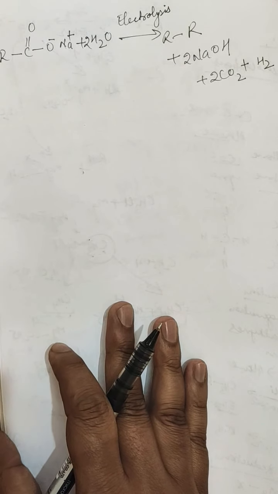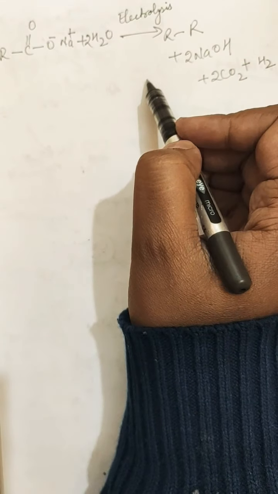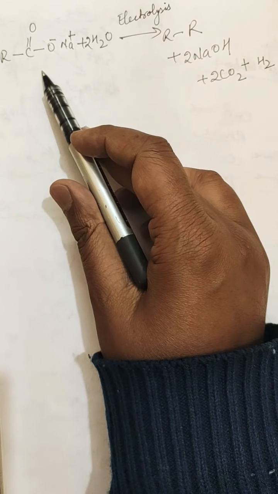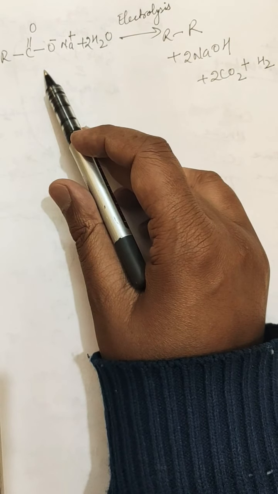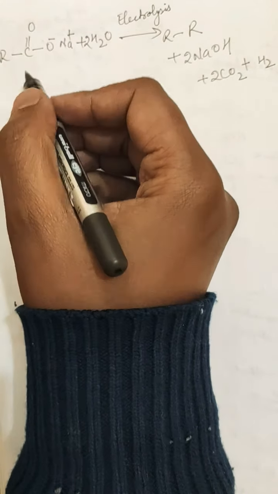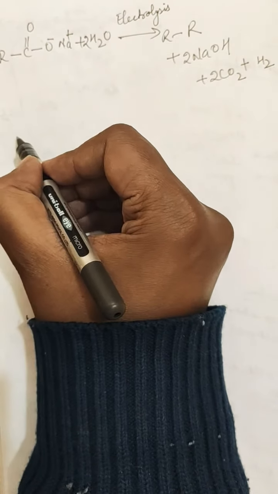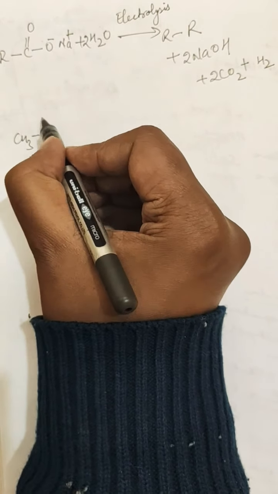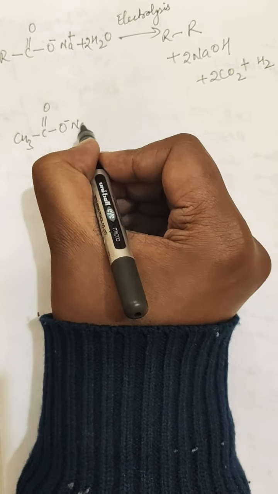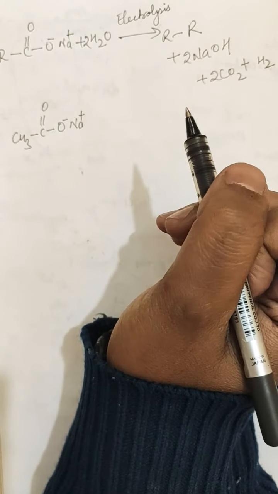Basically this is the electrolysis of concentrated aqueous solution of sodium or potassium salt of saturated carboxylic acids. For example, if there is sodium acetate, that is this compound CH3COO negative plus Na positive.